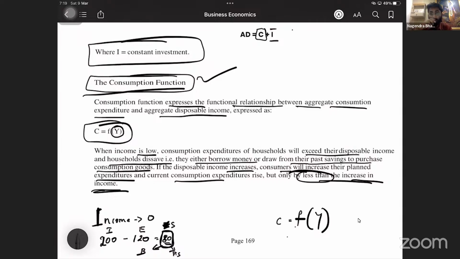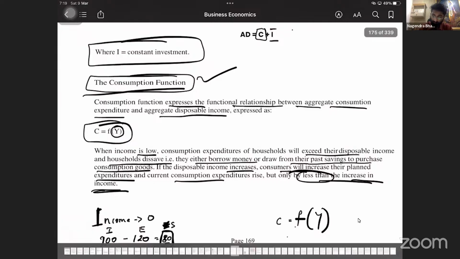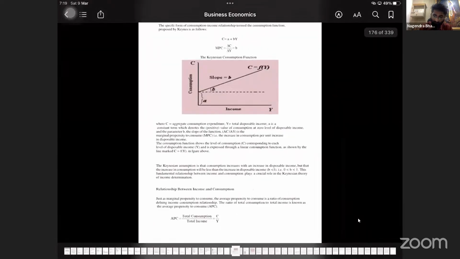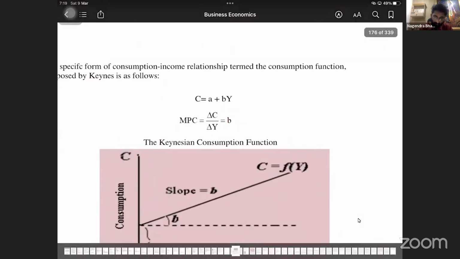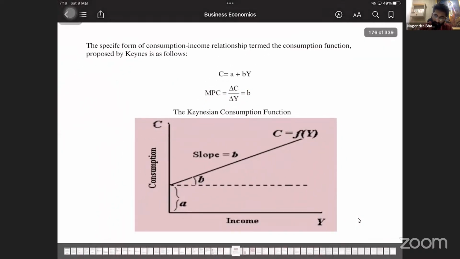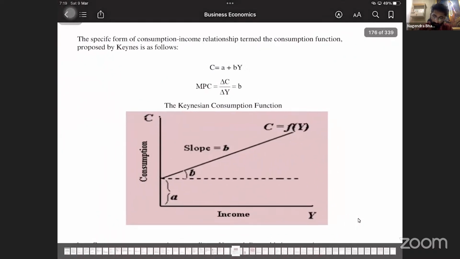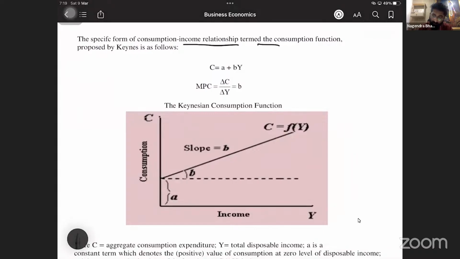Next point here, listen. The specific form of the consumption-income relationship, termed the consumption function, proposed by Keynes is as follows: C, consumption, is equal to A plus BY. First, what is the meaning of A, sir?